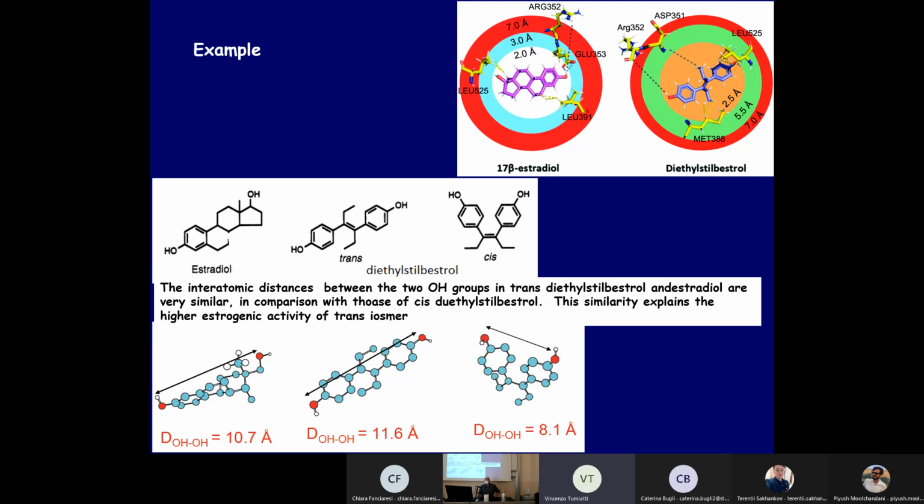So the two most important groups are the two OH. One is phenolic. Remember, this OH is mounted on an aromatic ring, and the other one you see is an alcoholic OH.